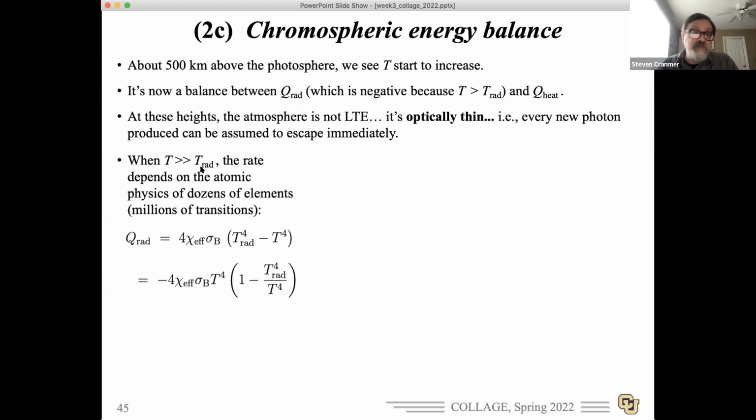When the temperature gets to be much bigger than that radiative equilibrium floor, then you can rewrite the radiative heating versus cooling by taking out a factor of temperature to the fourth, and then this competition between the two is really no longer a competition. It's 1 minus a small number, because the temperature is now bigger, and everything that's left over is negative.